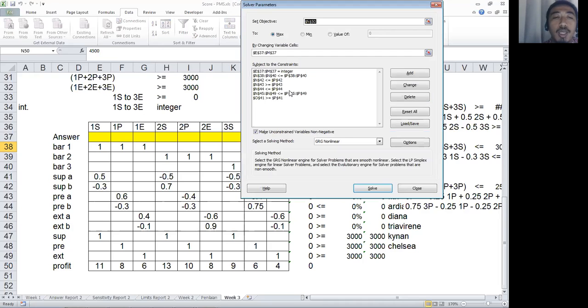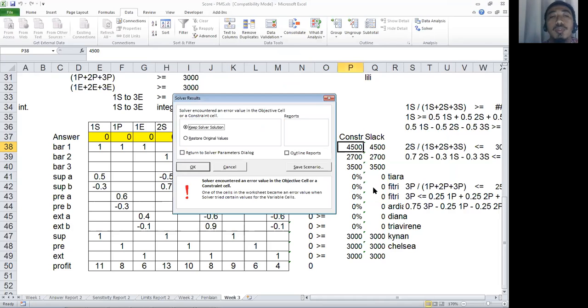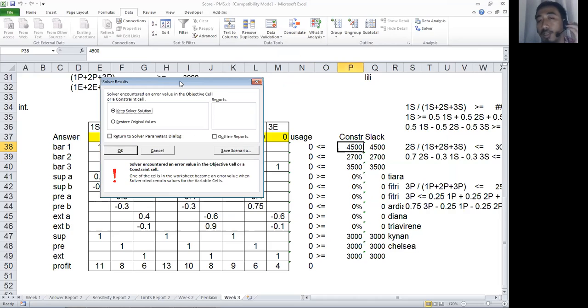You just put OK and make unconstrained variables non-negative, the non-negativity constraint, and we put it as simplex linear programming. We click solve. There is still something wrong with this one. Let's check what happened here.